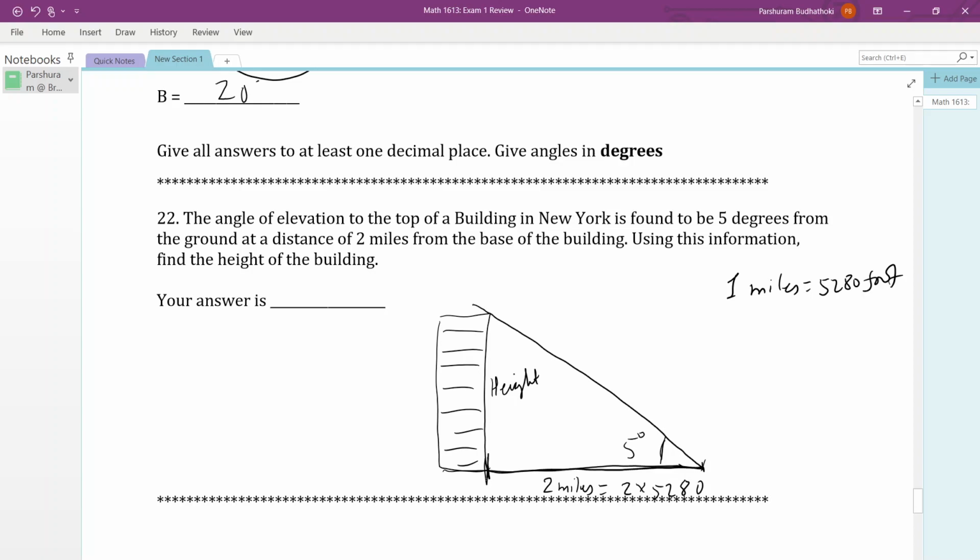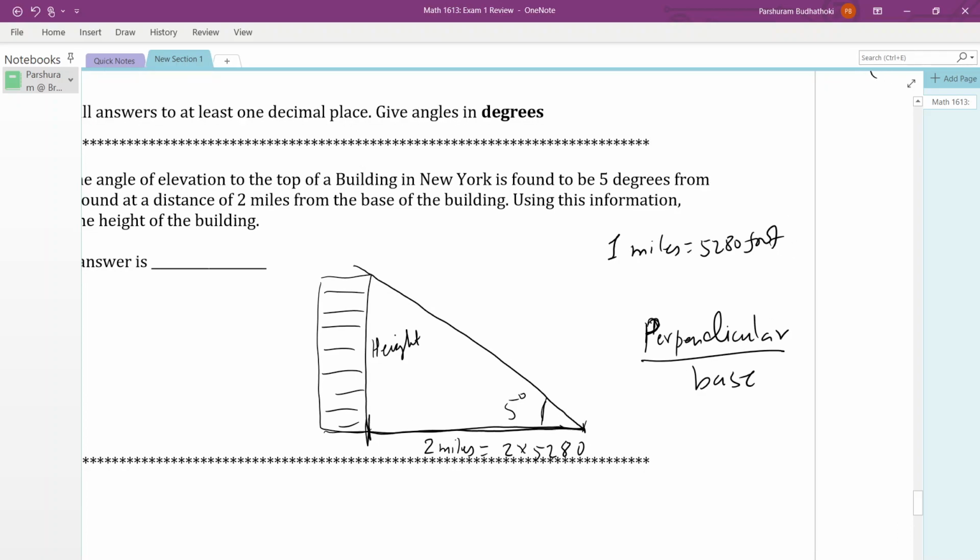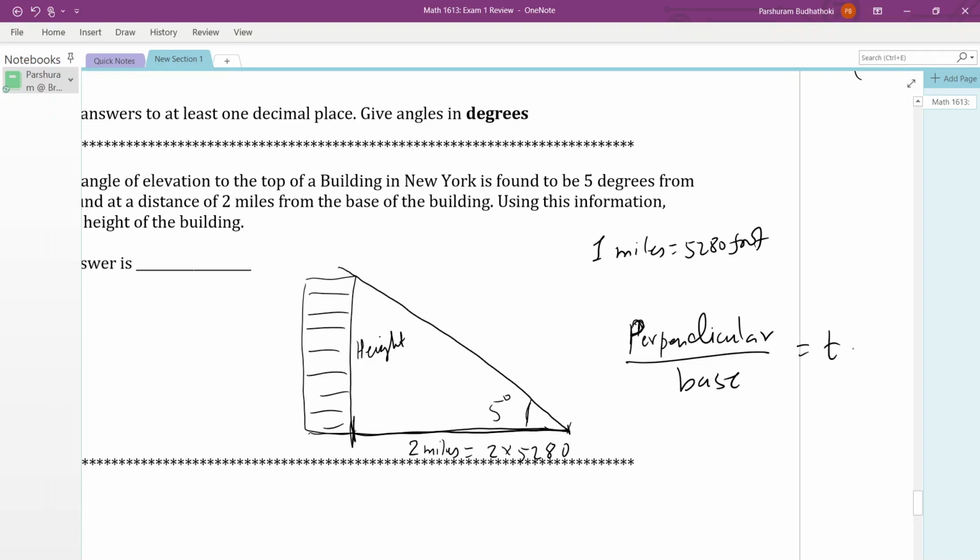Perpendicular over base is actually the tangent of this angle.